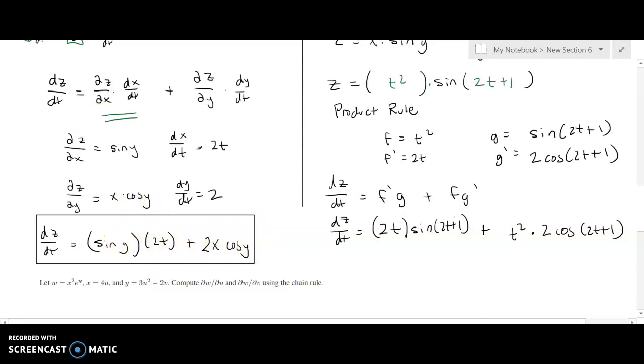But remember that y, and we really should have done this over here, we have three variables floating around in this equation, so we should have replaced y with what it is equal to, and y, remember, is equal to 2t plus 1, and x is equal to t squared. So if I make those substitutions in there, and also cosine of y, again, y is 2t plus 1, so let's replace y with what it is in terms of t.